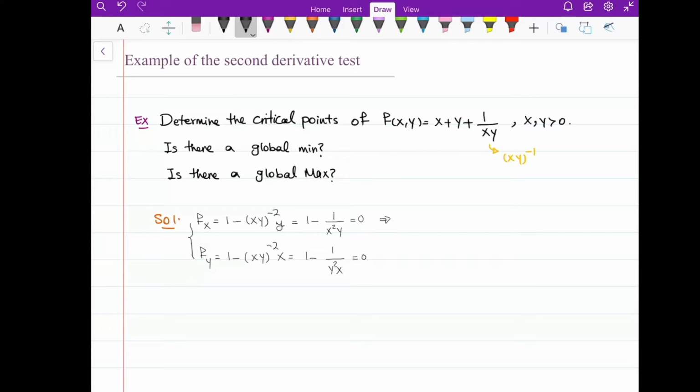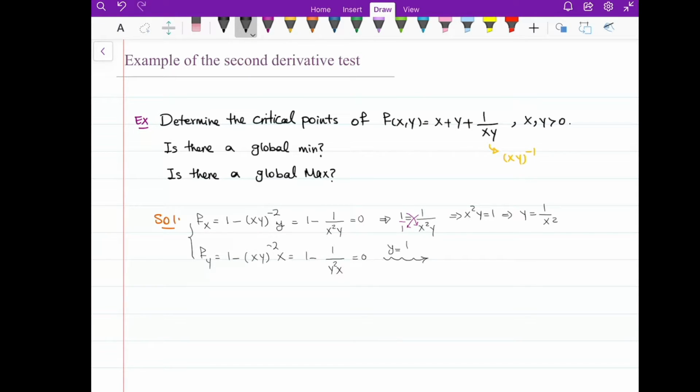For the first one, I'm gonna bring the fraction to the other side, and do the cross multiplication like this. And so I get x squared y equals 1, meaning that y can be 1 over x squared. Now I'm gonna plug y equals 1 over x squared into the second equation.